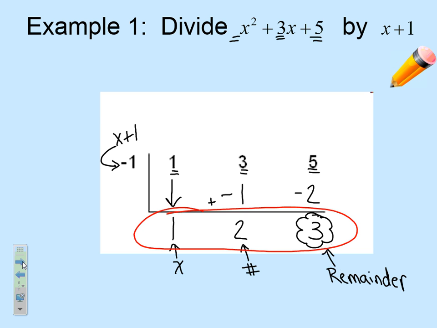I can rewrite it saying I have 1x plus the number 2 plus the remainder of 3 over, now this is where we go back to our earlier grades, understanding that remainders can be written as fractions of the divisor. So 3 over the divisor x plus 1, because that's what I was dividing by.